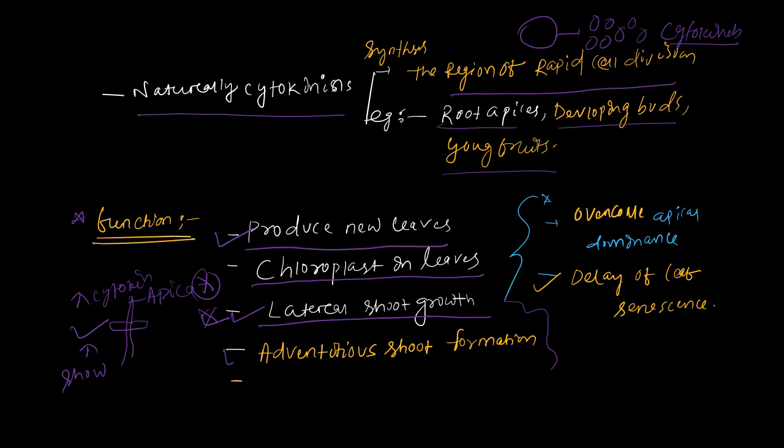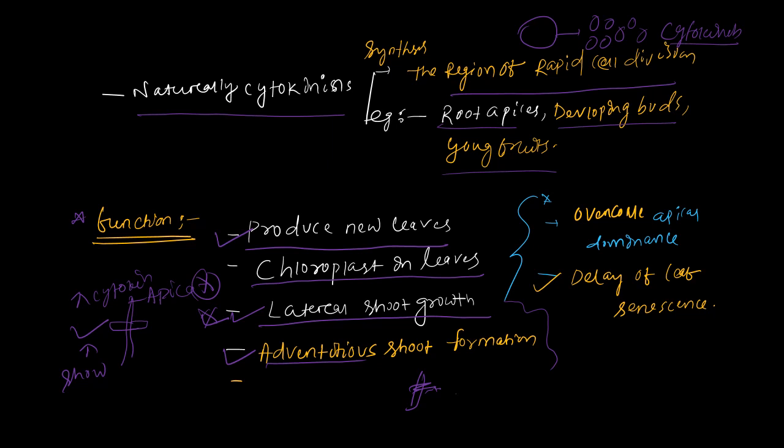Another condition is called adventitious shoot formation. So what is this? An adventitious shoot is a kind of shoot not formed in its main location at the end of the stem or internode.